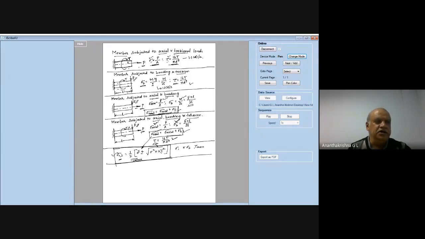A solid shaft is subjected to a torsional moment of 1500 Newton meter.